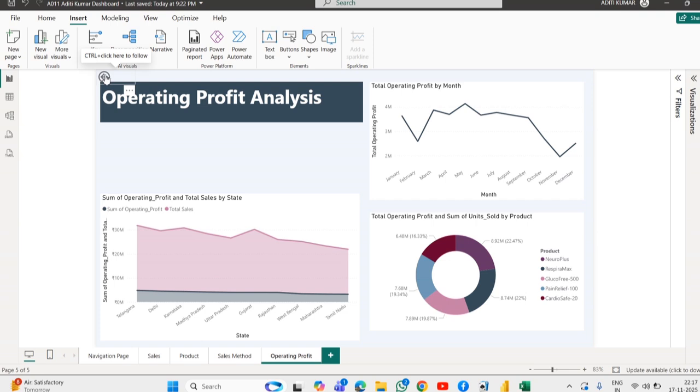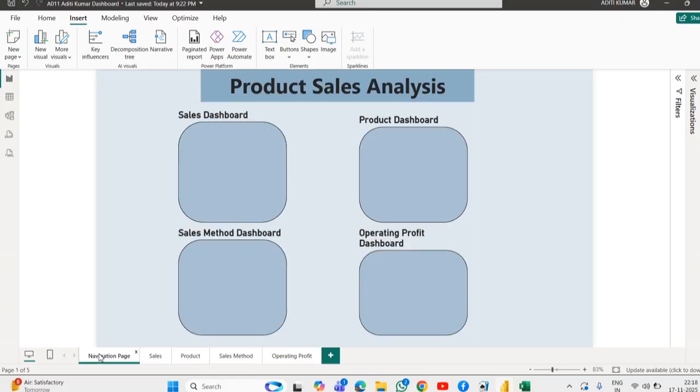So to conclude, the Power BI dashboard, created from a structured Excel-based pharmaceutical sales data set, provides a complete 360-degree analysis across sales, product performance, sales method, and operating profit. Each graph that I have selected effectively showcases the comparisons, trends, proportions, and geographical insights.